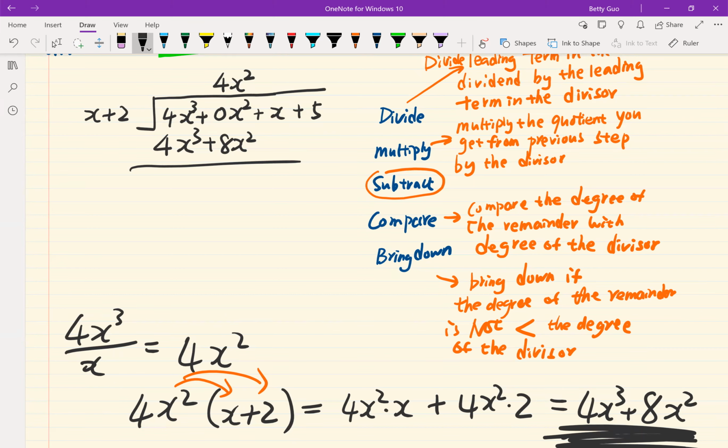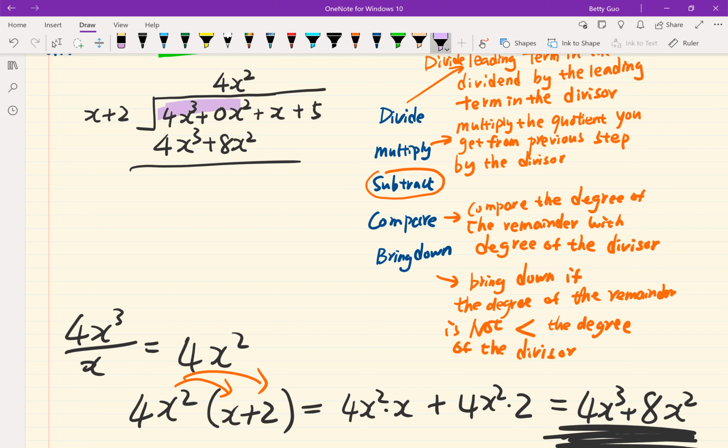But instead of subtracting, this is what we're gonna do. How about let me color. These two terms are purple, right? The product we got is in orange. We are going to use purple minus orange, or we subtract orange from purple. But instead of subtracting, we are going to change the sign and then do the addition.